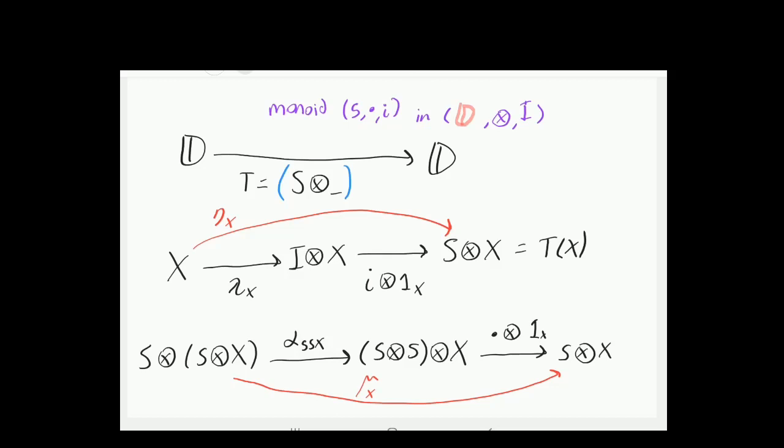And the multiplication arrow has components making this kind of diagram commute. So we get mu X by doing our associator isomorphism, and then by doing the operation of our monoid, sending S times S to S.